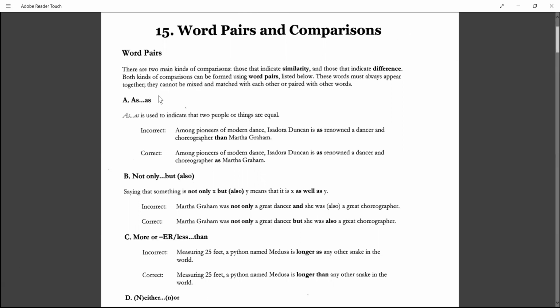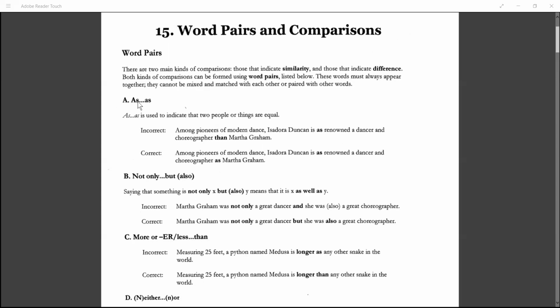Now, some people don't understand that when you use the word as, you're trying to show two people or two things as equal. You're comparing them in the context that they're equal. You're not saying that one is more and the other is less. So you can't use the word than with as. You can use the word as and as only.